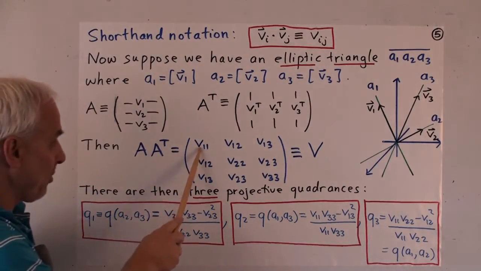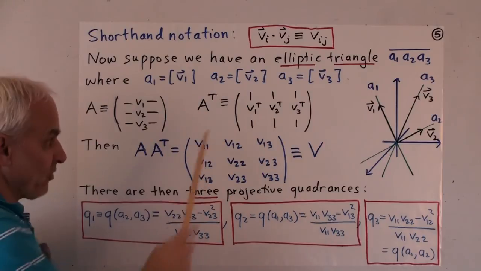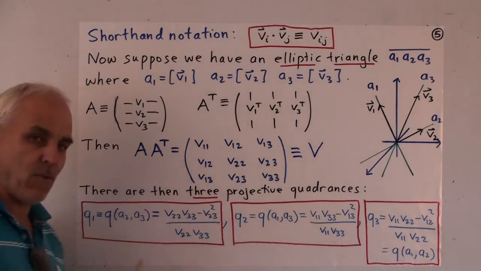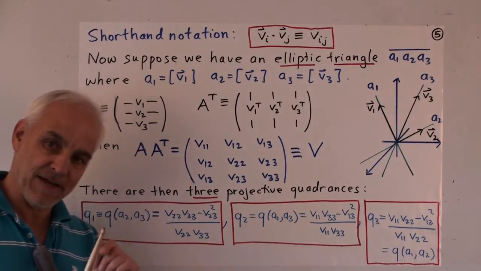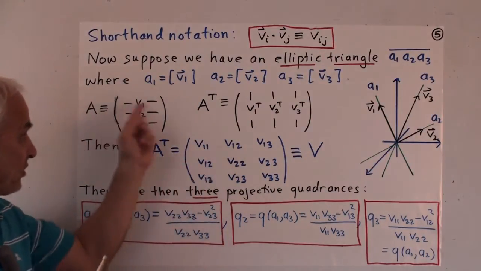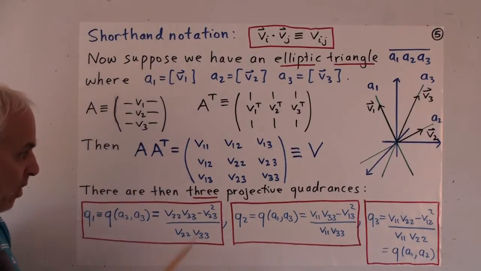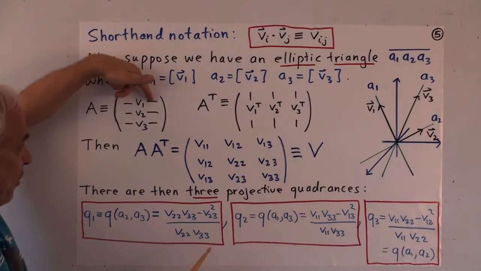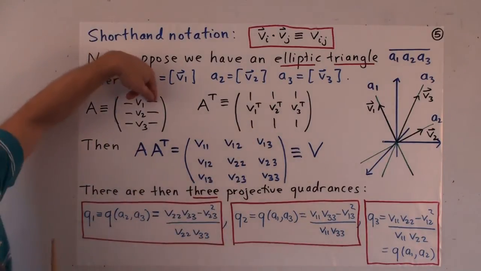So this entry here will be V1 times V1 transpose, which is V1 dot V1. And we've agreed that we're going to call V1 dot V1 just V sub 1, 1, which is a number. It's a dot product between the vector V1 and itself. While this V1, 2 is the result of multiplying the first row here by the second column here.